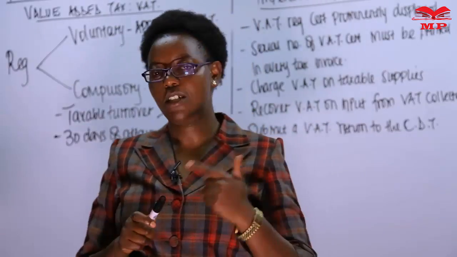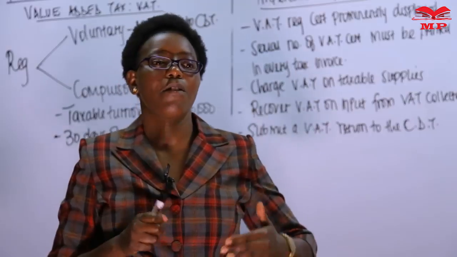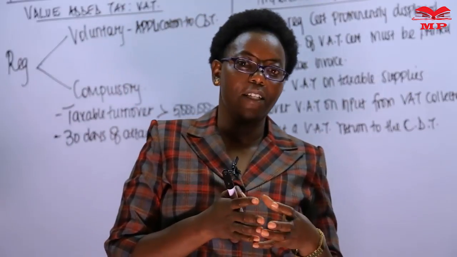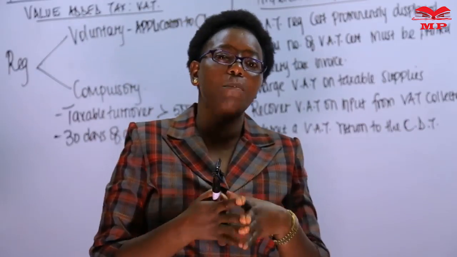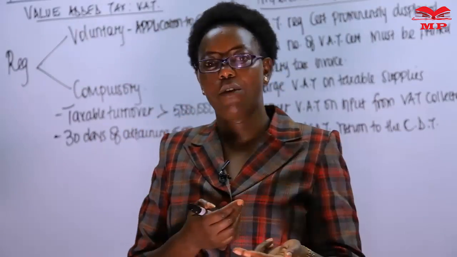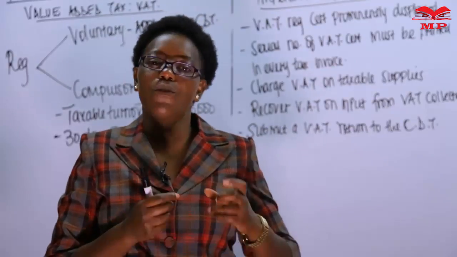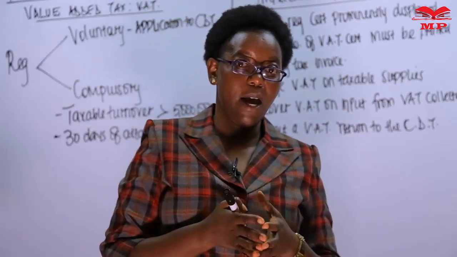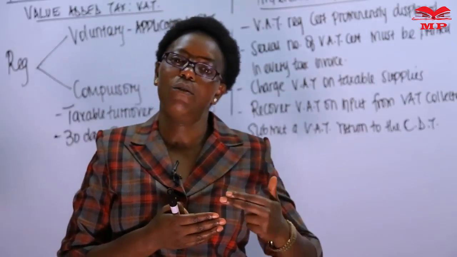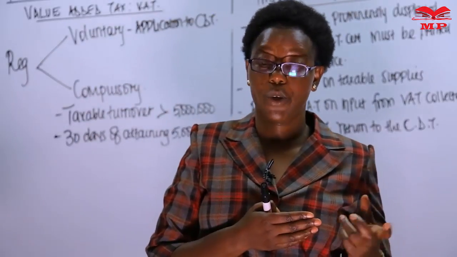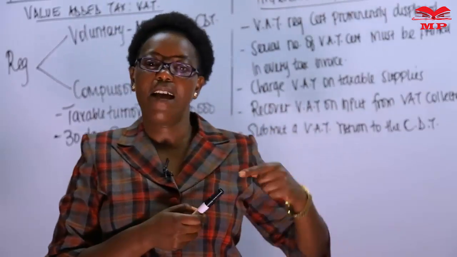And when you talk of the 20th day, it means that, for example, the VAT that is payable for the month of January shall be submitted to KRA by February 20th. If it is for the month of October, it should be submitted to KRA by November 20th. Like that, every 20th.